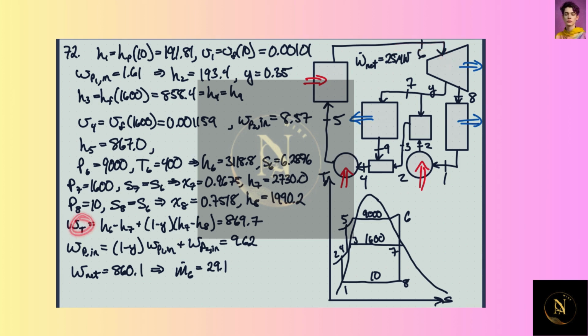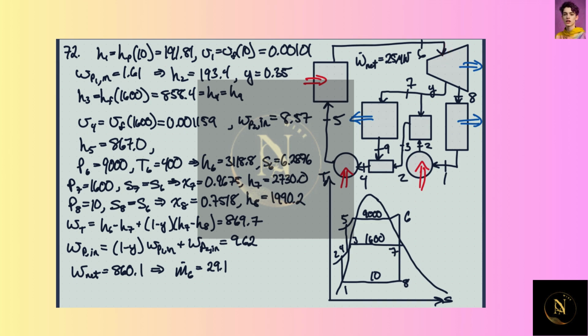That's 9.62 kilojoules per kilogram. Then the net specific work out is this minus this, so that's about 860 kilojoules per kilogram. Again, this is the specific work out relative to the mass flow at 6.